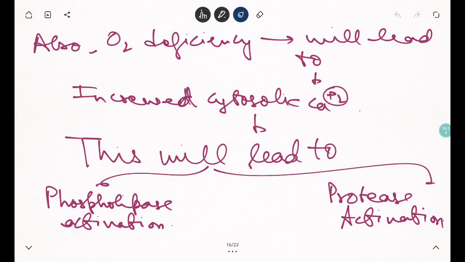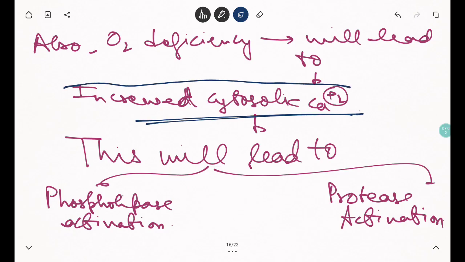Now oxygen deficiency will also lead to increased cytosolic calcium. Why will the cytosolic calcium increase in absence of oxygen? Its concentration will increase because, due to low oxygen concentration within the cell, all the calcium from mitochondria and endoplasmic reticulum will enter into the cytoplasm.